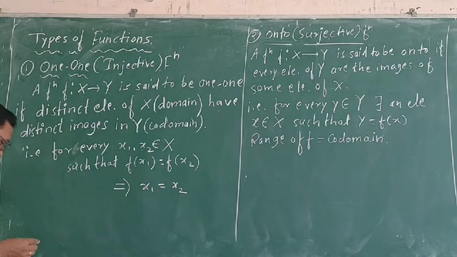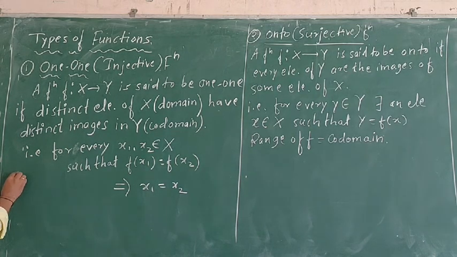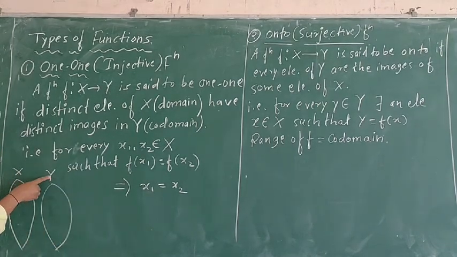Now for example, if you are not clear with this definition, then with the help of an arrow diagram also I can define this function. Here you can just see, suppose this is the x set, and I am having another set y. So this is your domain, this is your codomain, and this is the f mapping.